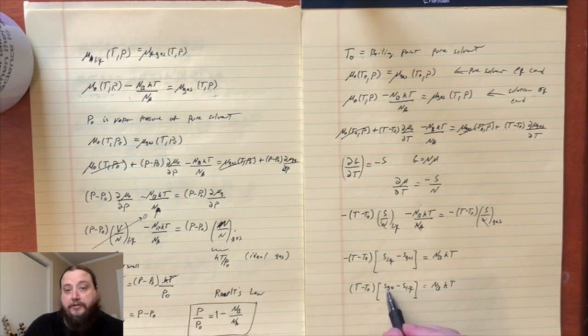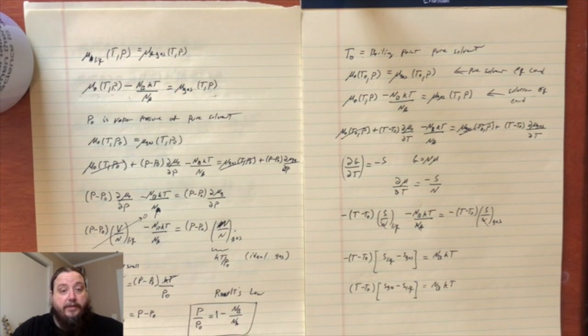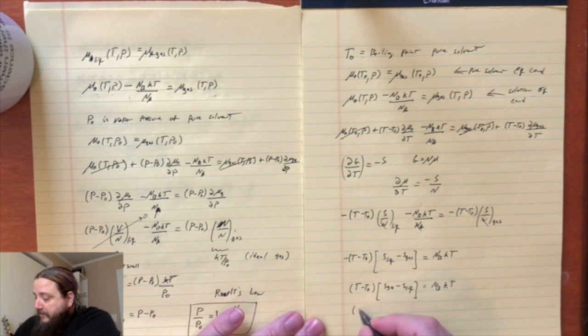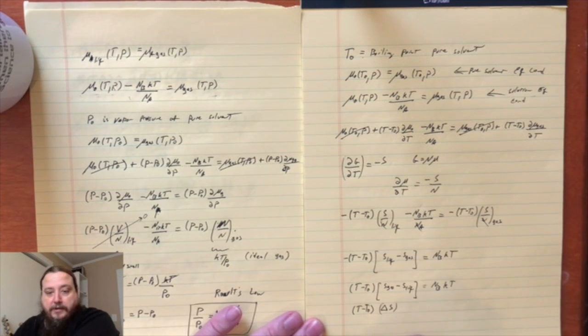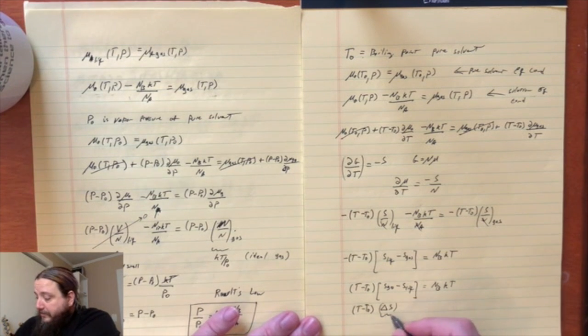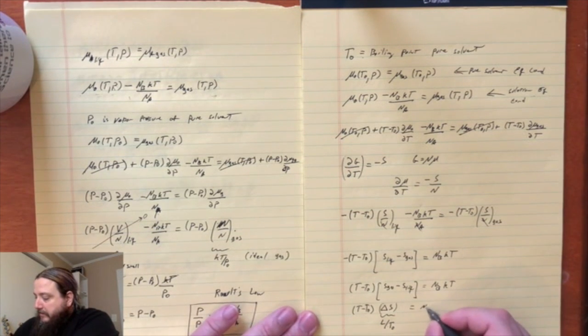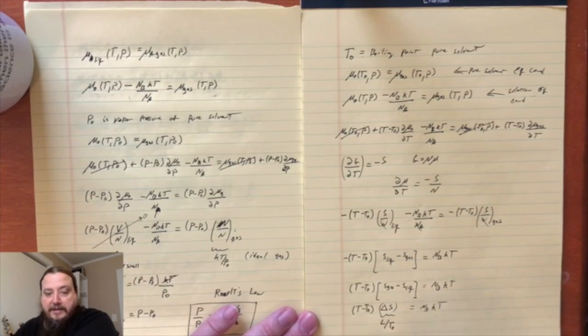This change in the entropy from gas to liquid, well, T times that change in entropy, T times this delta S here, would be the latent heat. So this delta S is just our latent heat divided by the temperature. Again, it's going to be N_B kT.